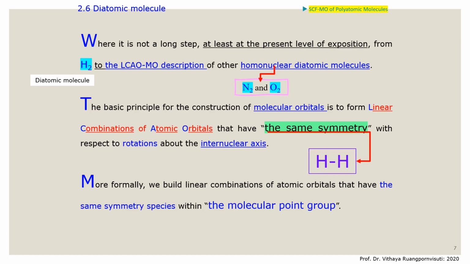The internuclear axis we call the principal axis. More formally, we build linear combinations of atomic orbitals that have the same symmetry species within the molecular point group.